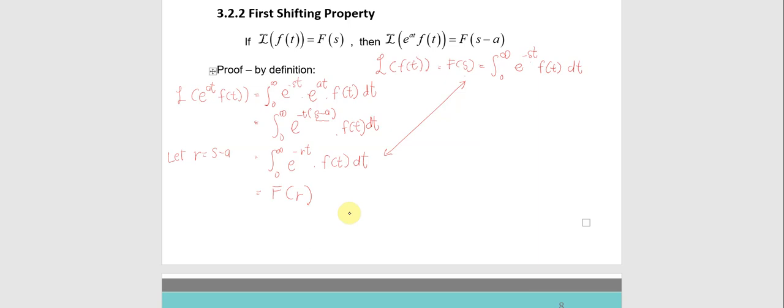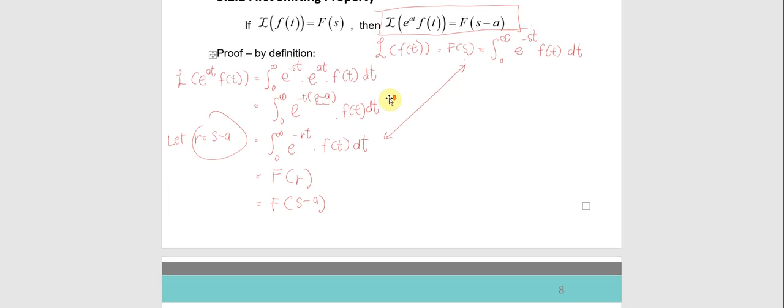So if you have e to the power of minus rt, then this is for F(r). So what is F(r) just now? F(r) is s minus a. So this is actually F(s minus a). So this one you have to remember. This is the first shifting property.